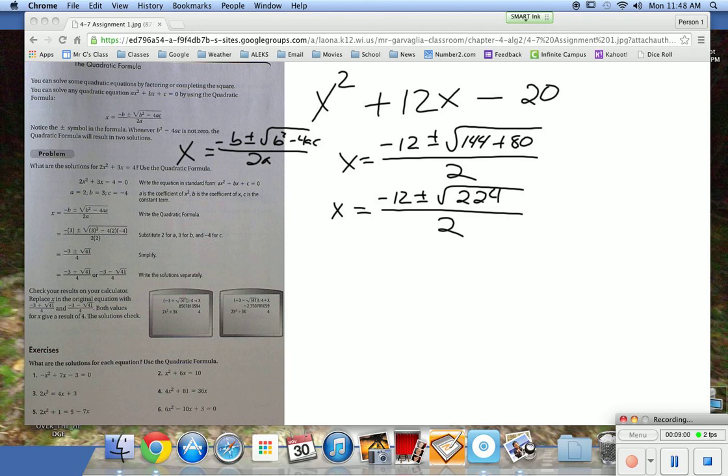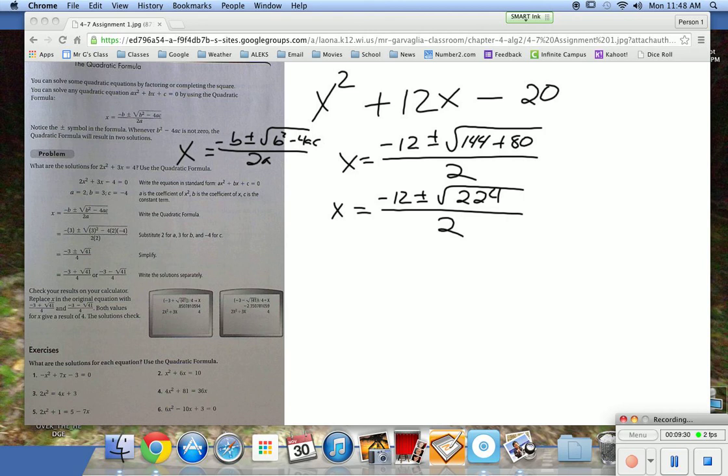Because I know we can factor something out of 224, and my guess is 16 is going to be able to come out of there. Reason why I say 16? I don't know, maybe not. Divided by 4. Yeah. All right, we can take 16.